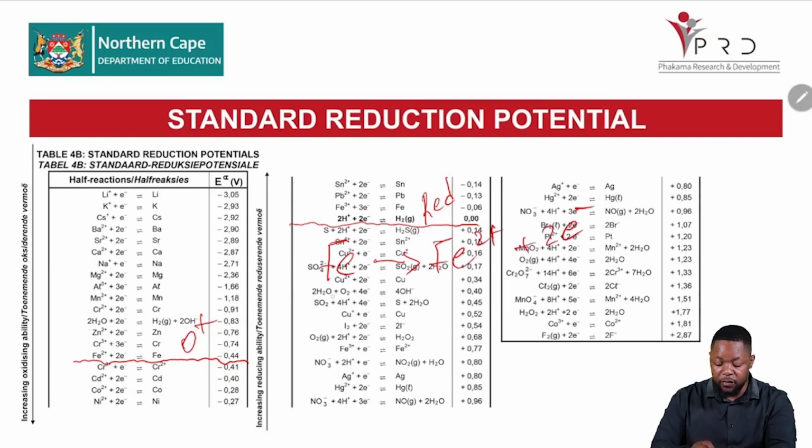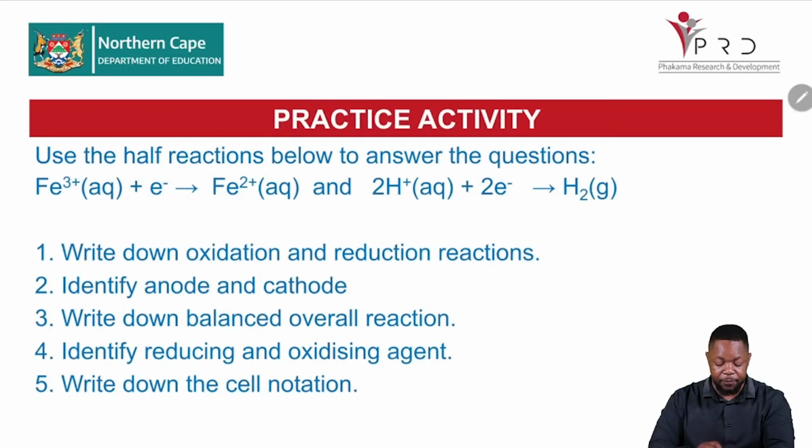And the reduction half reaction is copied as it is, but with 1 arrow. So this is going to be 2H+, gaining 2 electrons, forming hydrogen. So this is our oxidation half reaction, and this is our reduction half reaction. That is how we are going to answer the first question.